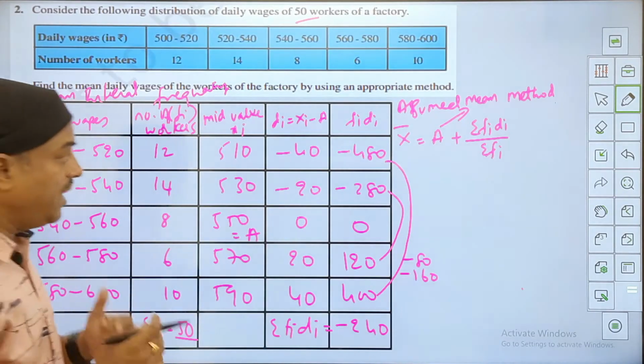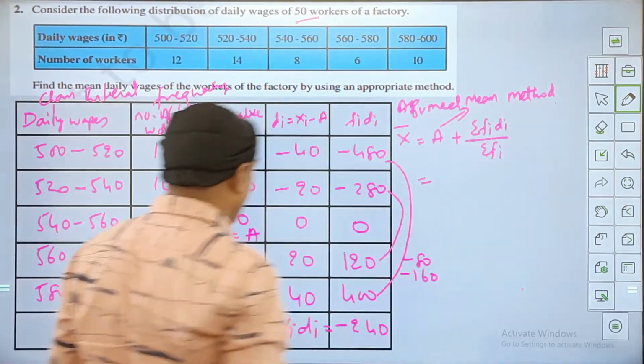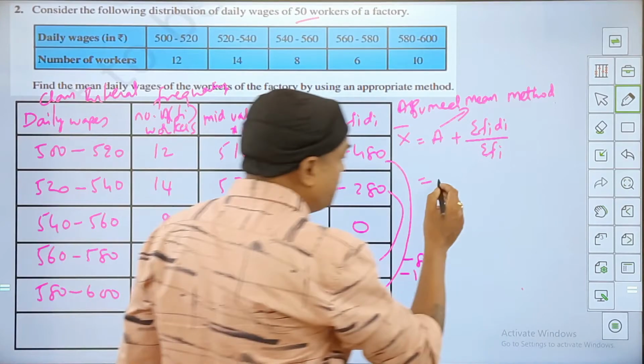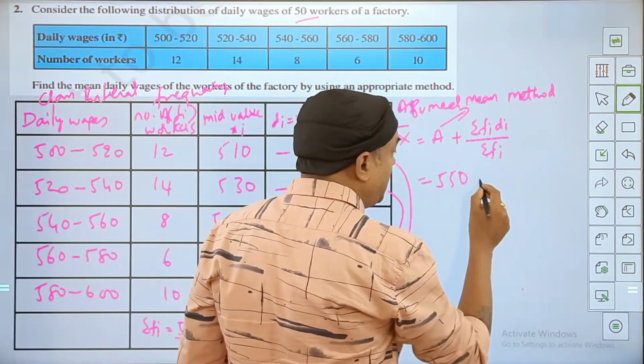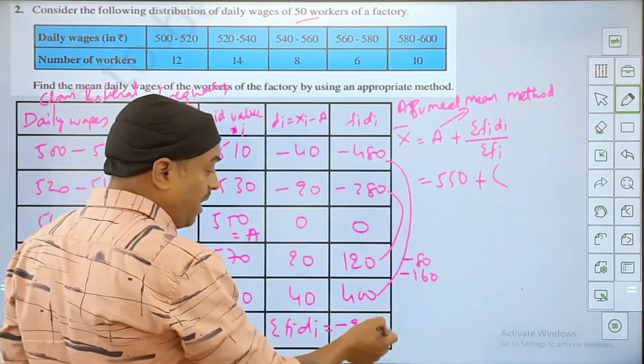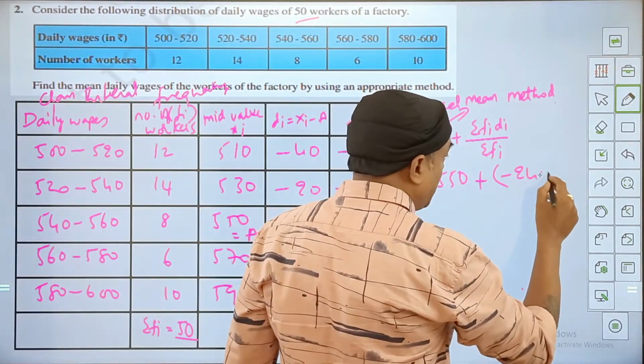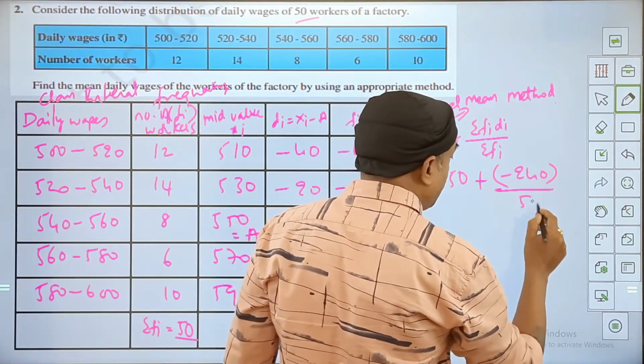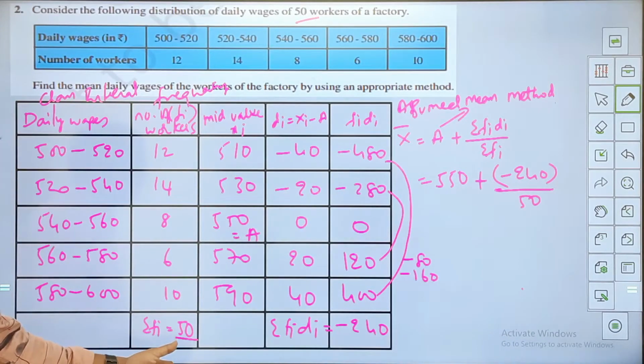Fair enough? So now I'll apply that here. A, what is the assumed mean value I have taken here? Assumed mean value 550 plus minus 240 upon 50, the summation Fi I have here.